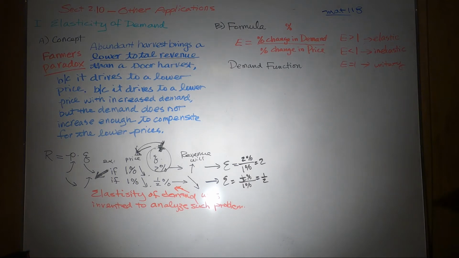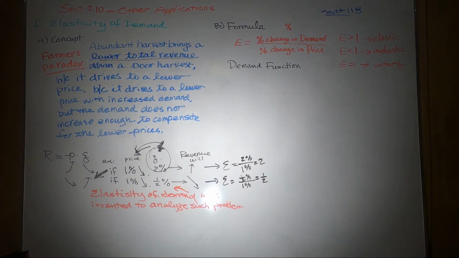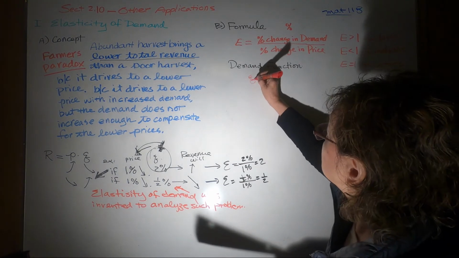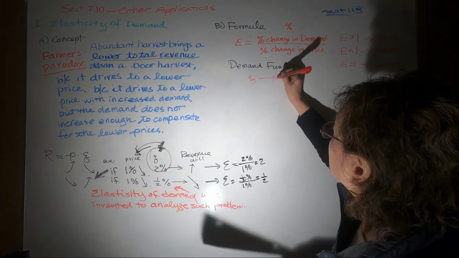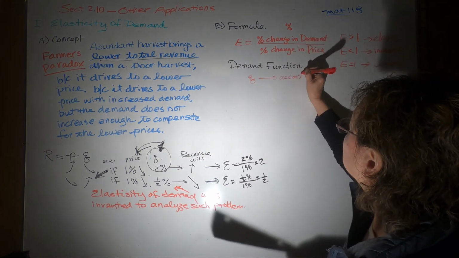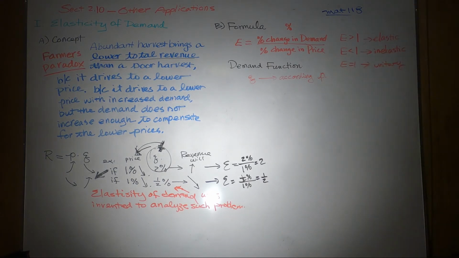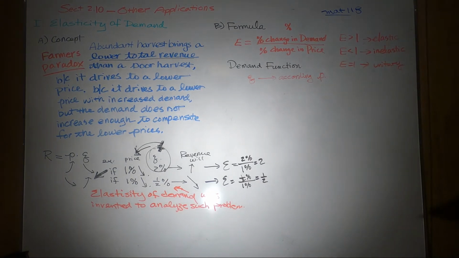So let's see. And they give a demand function: quantity, demand according to your P, right? The price. So it's written this way.